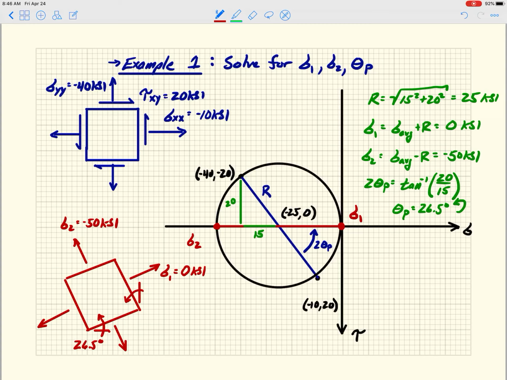So how do you think about this in terms of the orientation? Well, this point here, and it's supposed to be on the circle, I understand it's a little bit off, but that point there is the X face. That is associated with those stresses. So that's the X face. So if I rotate the X face 26.5 degrees, and that puts it right there at sigma 1, then I should plot sigma 1 on that face.